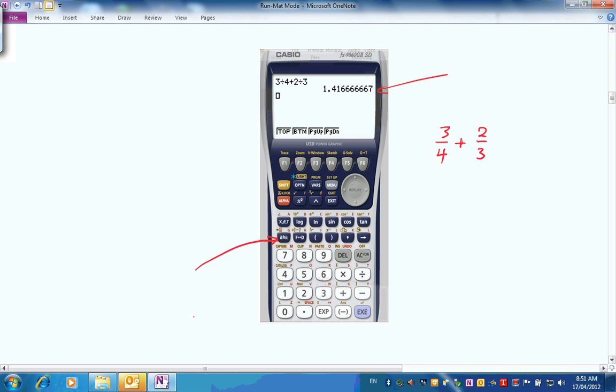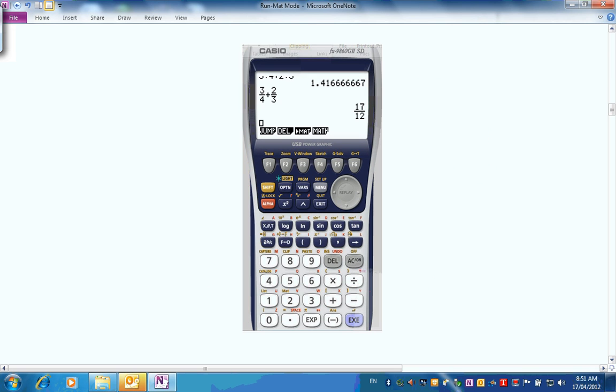So we'll enter 3/4 by 3, fraction key, 4. So that will be this fraction entered, plus our fraction 2/3, 2, again, fraction key, 3. That enters our 2/3. Then if we push execute, we'll have our answer.